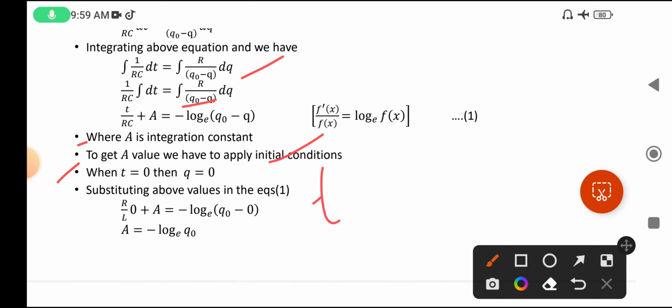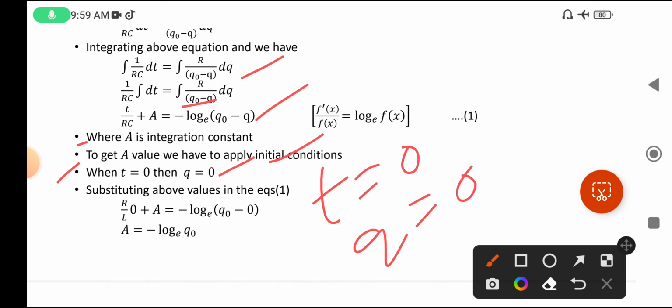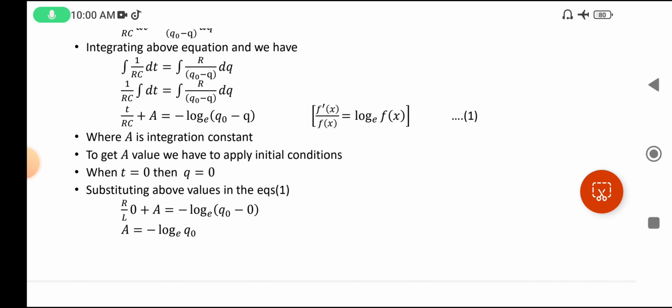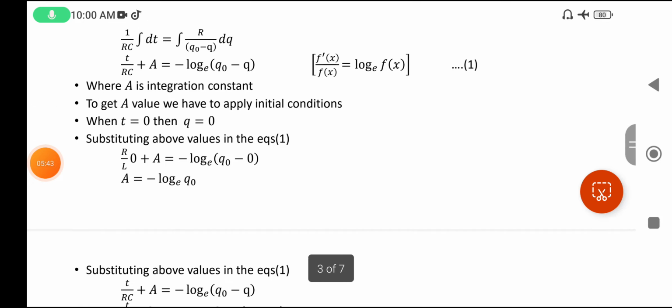What are the initial conditions? Before starting the charging, the charge is 0. So substitute these two values here, then what do you get? In the place of t, 0, and in the place of q also 0. Then we got the value of A. Take this A value and substitute it in equation 1.